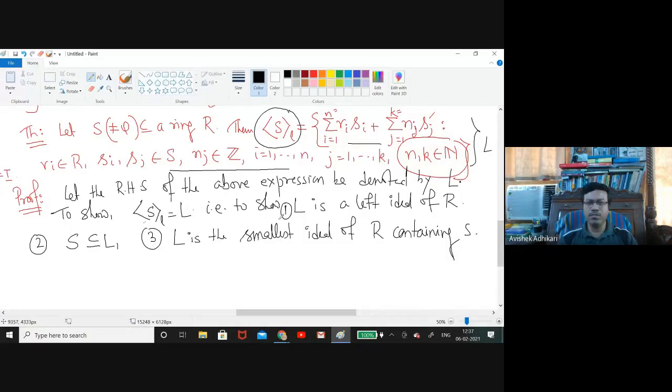L must be equal to this one, because it satisfies all the properties of it.